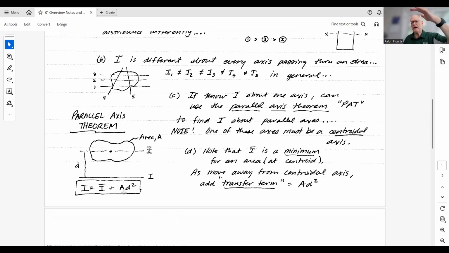If the distance is positive or negative from our axis of interest to the dA, because we're squaring it, the I will always be positive. Later, we're going to be calculating a product of inertia, which is a different animal, and it will sometimes be negative, which you will learn.